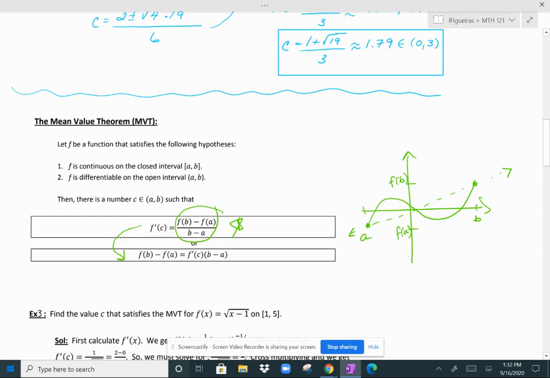And what this theorem is saying is that there is some value c somewhere between a and b, where the slope of the tangent line would be parallel. And so if I were just to kind of guess where that would be, and drew my tangent line here, this tangent line looks like it would be parallel to the secant line.